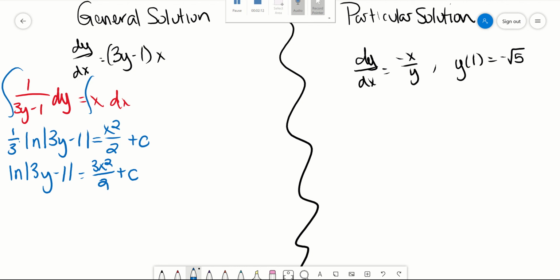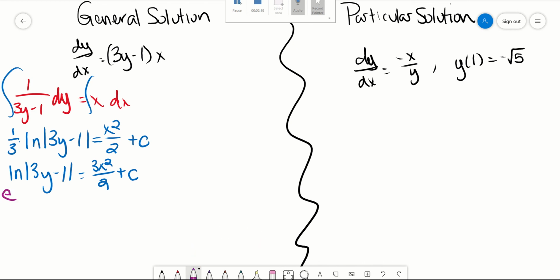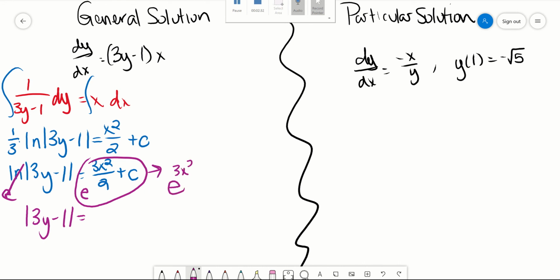Now remember that ln and e are inverses of each other. So if we want to get rid of ln, we're going to have to exponentiate both sides. So those are going to cancel and leave you with 3y minus 1. Now over here on the right side, I want to expand this a little. This really means you have e to the 3x squared over 2 times e to the c. Because when you have exponents that are added together, that means you can split it and the two things were multiplied.